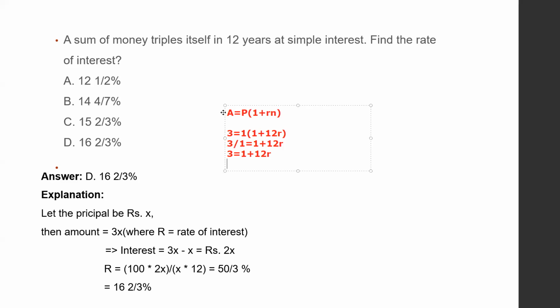Here we can move this 1 to the left hand side. That means 3 minus 1 equals 12R. That is 2 equals 12R.